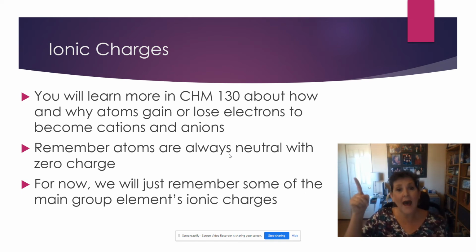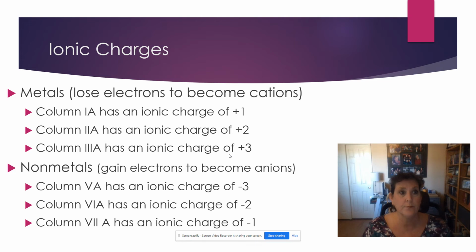Now remember, atoms are always neutral with zero charge for an atom, which is the element in its natural occurring state, like solid gold, solid copper, gaseous oxygen, neutral. But we're going to learn some of the ionic charges. Once the atoms become ions, they have a charge. We're going to look at some of the main group elements' ionic charges.